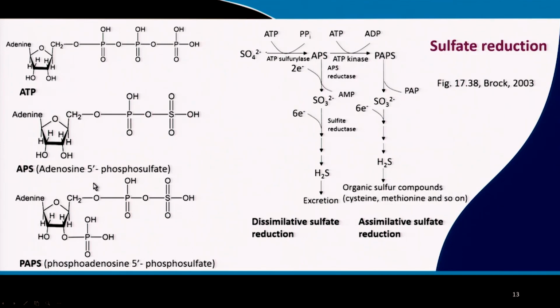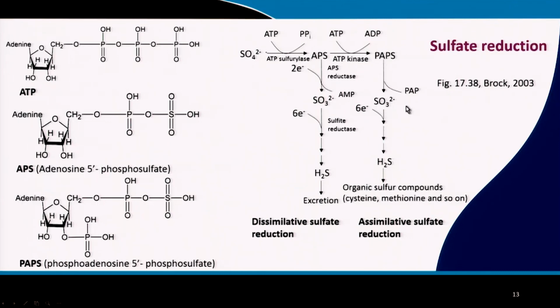It has already been formed as APS, so that is adenosine 5-phosphosulfate. Another phosphate is added at the C2 position to get phosphoadenosine 5-phosphosulfate, and that's PAPS for short. Now ATP is being converted to ADP and a PAPS molecule is generated. The mediating enzyme is APS kinase, and when PAPS is converted to sulfite, PAP is released.